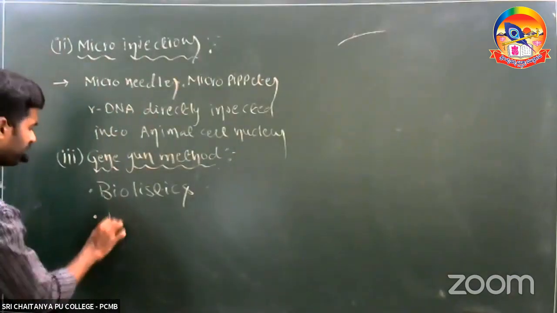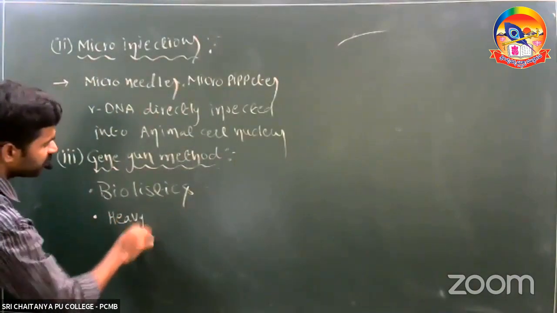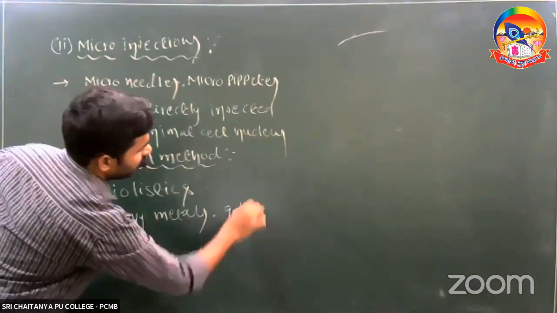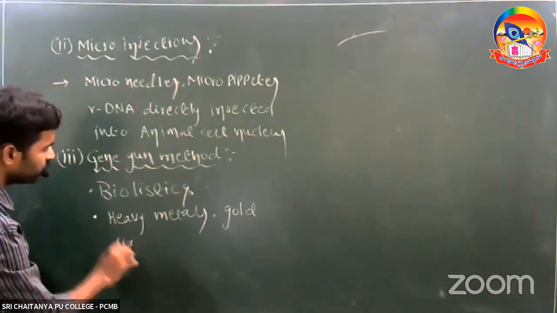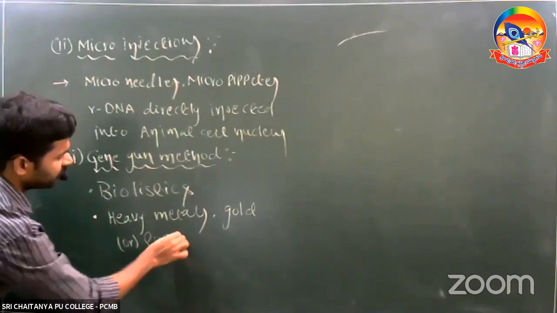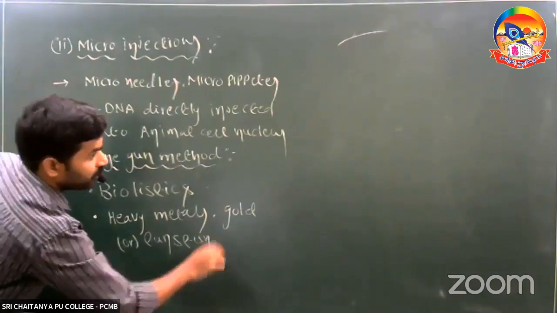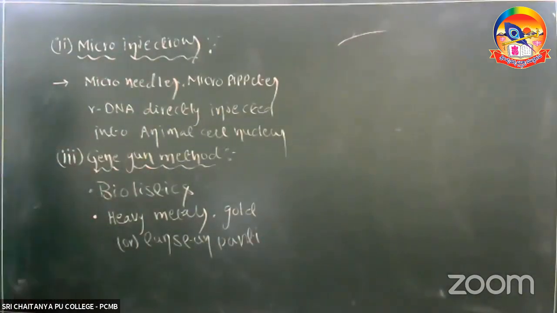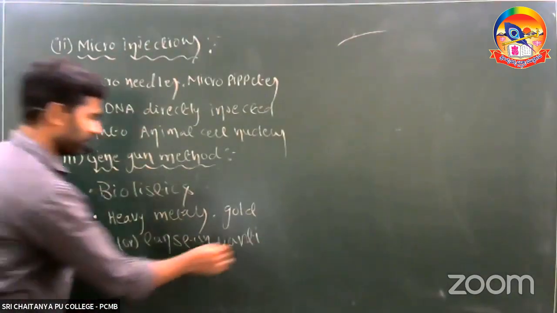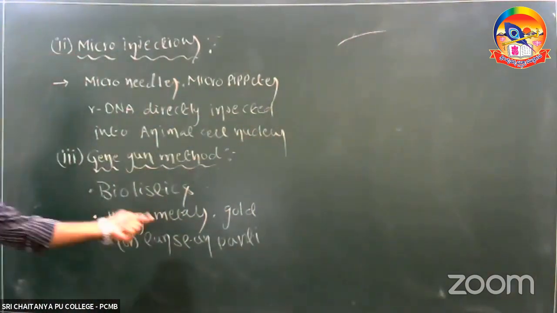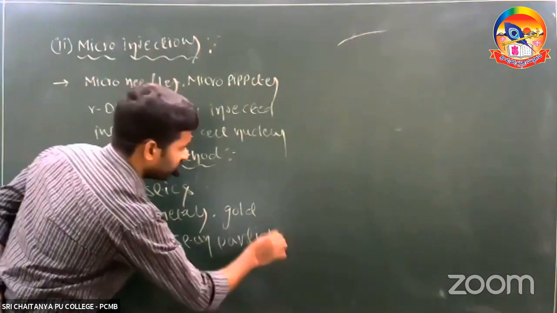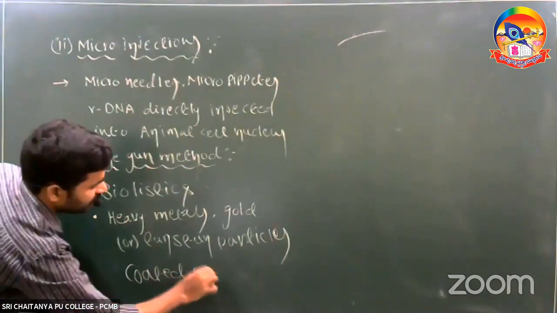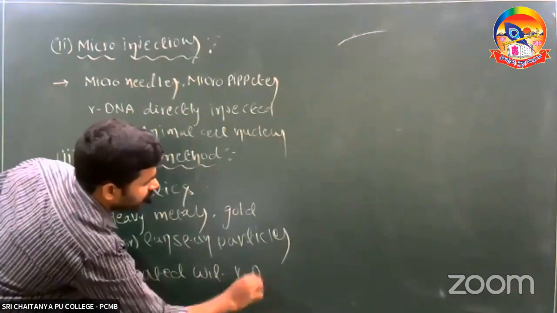These gold or tungsten particles we are using for insertion of rDNA molecule into plant cell cytoplasm, right? So the gold or tungsten particles are coated with rDNA molecules, right?